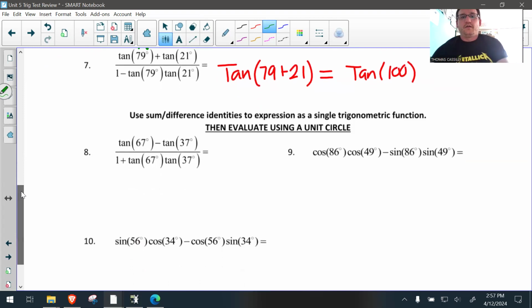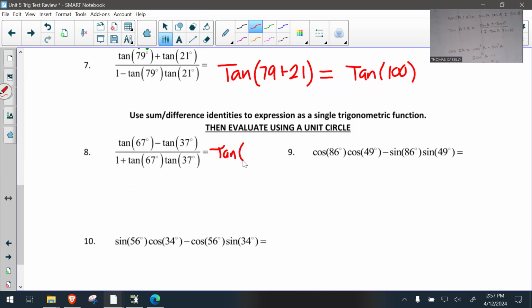On this one, we're saying now expand them out, or I'm sorry, condense them down. So use the sum and difference identities to express as a single trig function here. All right, we can do that. So this one ends up being the tangent of, you have to keep in mind on the tangent one, if you look, it's tangent of A plus B. The top signs match, but the bottom signs are conjugates.